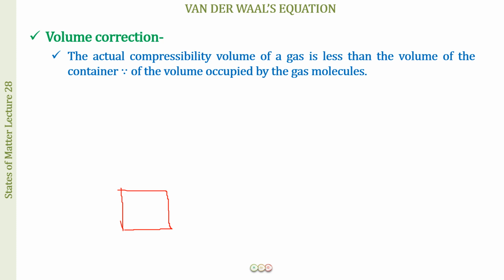They do not have a volume of their own. So when we try to compress a gas, pulling a piston downwards, we should be able to reach the bottom of the container. So we are able to compress the gas up to the volume of the container for an ideal gas.